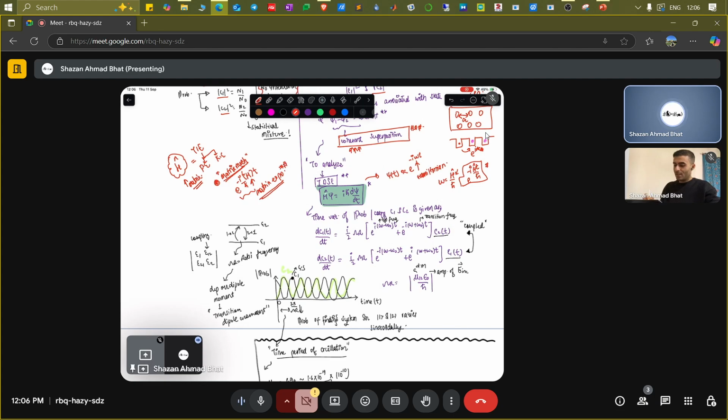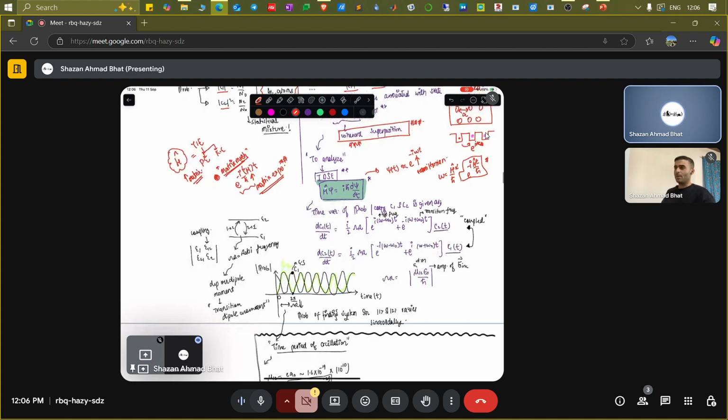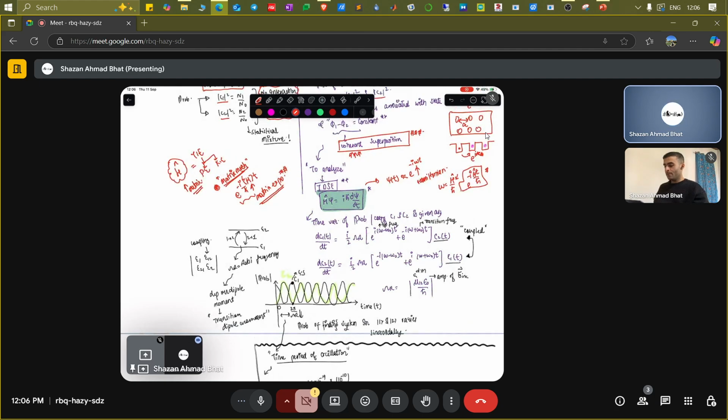If you are interested in solving the matrix exponential, you can solve it using software tools, or even using pen and paper. You can expand the exponential in terms of its Taylor series expansion.